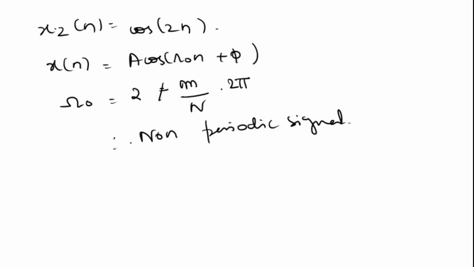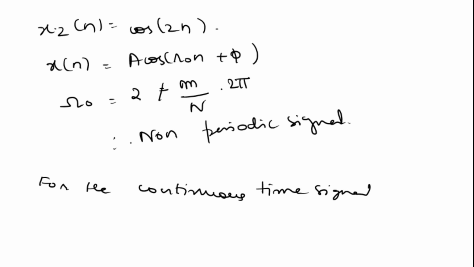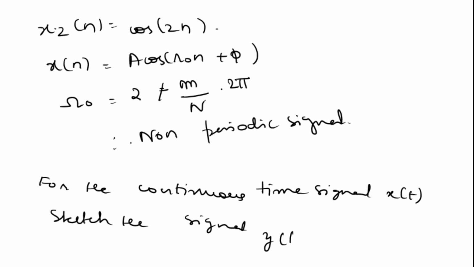Next problem, for the continuous time signal x of t as shown below, sketch the signal y of t is equal to x of 3t plus 2.